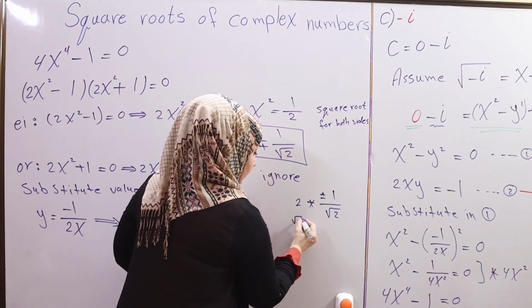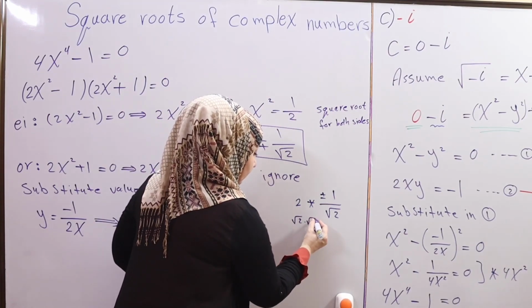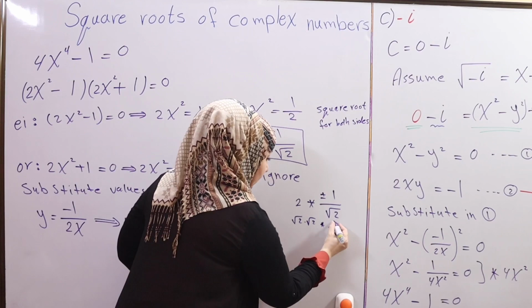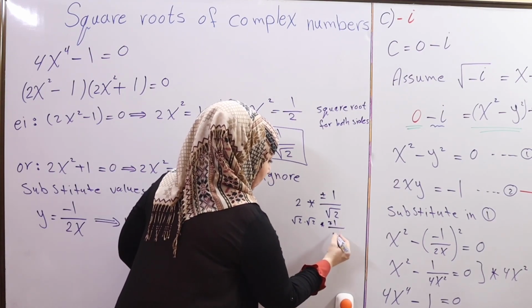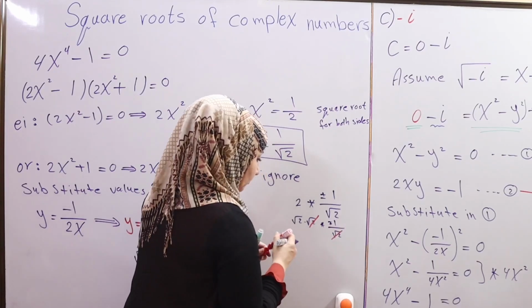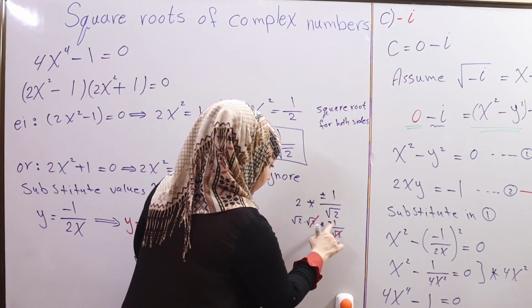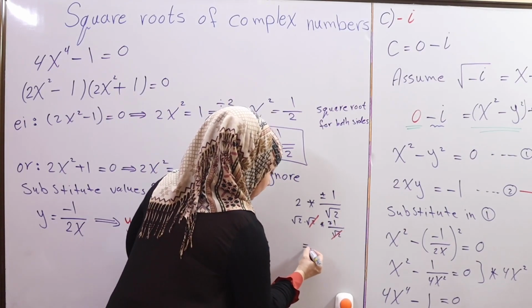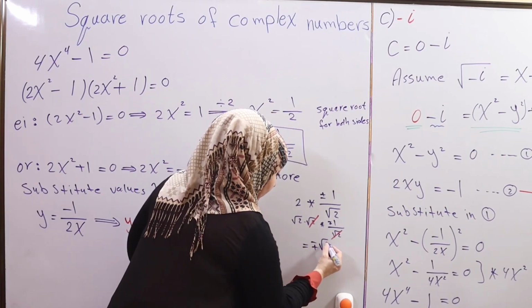الاثنين معناتها جذر 2 في جذر 2 كل هذا مضروب في سالب موجب 1 على جذر 2. واحد من عندهم راح اختصره ويا المقام. شوفوا شنو بقى عندي؟ جذر 2 في سالب موجب 1 ويساوي سالب موجب جذر 2.